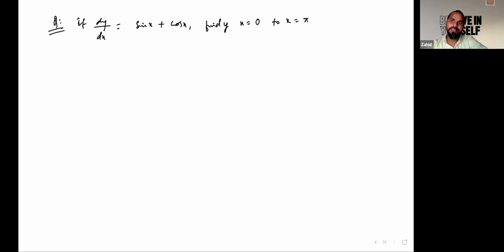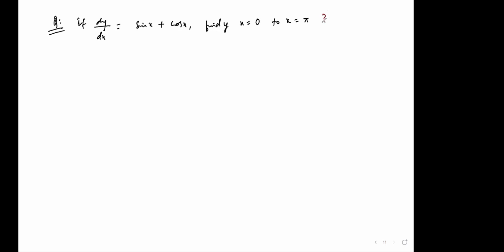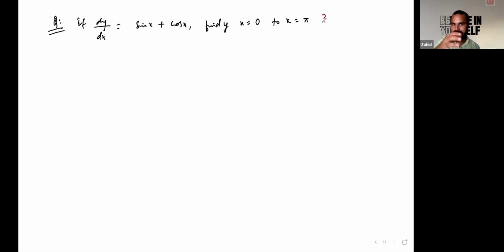Pi means 180 degrees. Try to solve. Khalid, try to solve this particular problem. First, try to integrate each function individually and then put the limit.